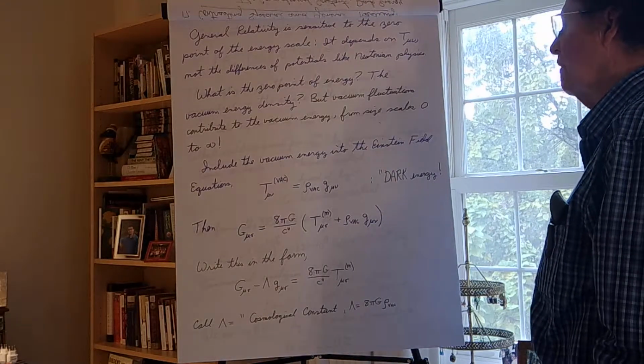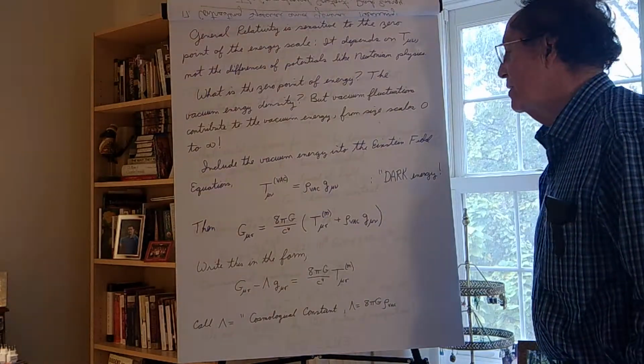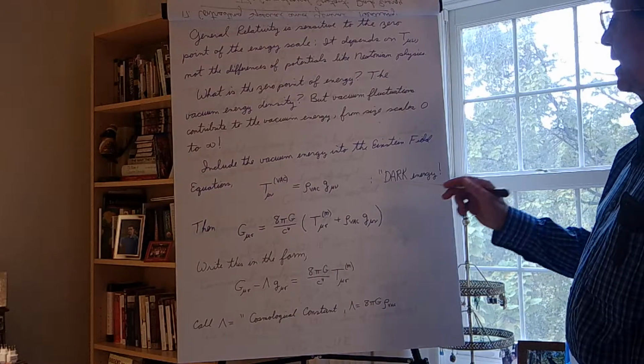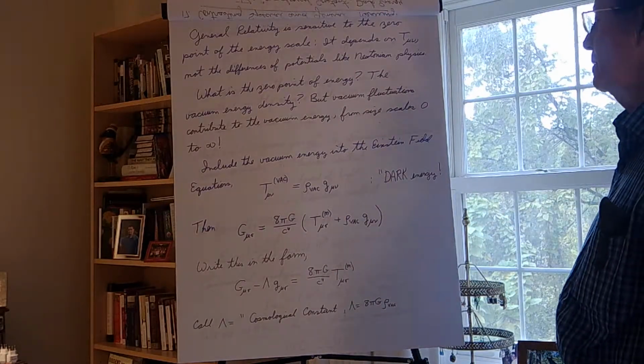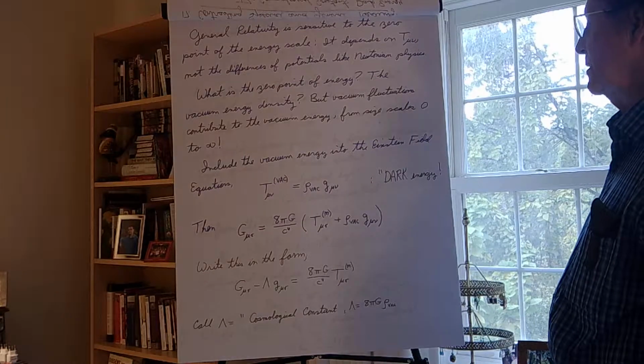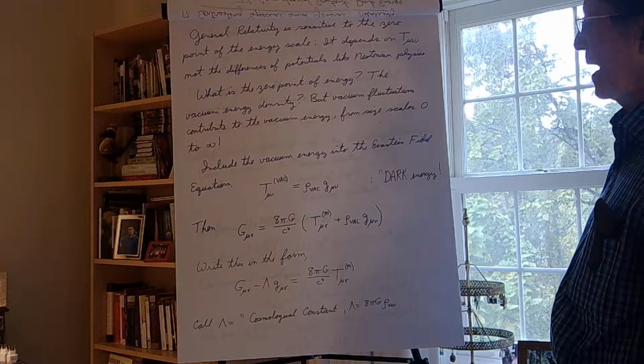If I have matter around, I have a full T mu nu full of properties of electromagnetism or massive particles, but in the absence, I just have that. And this is therefore called dark energy. It's just a vacuum contribution. We don't understand it much, but let's parameterize it and see what the experiment says about it.